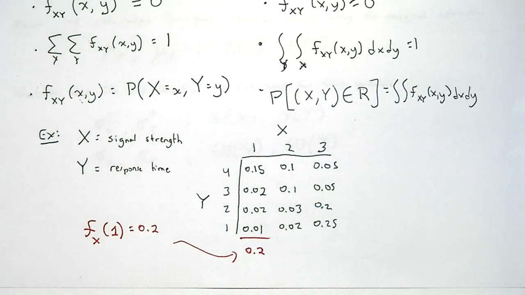Notice that, for example, if I want x equals 1, my probability actually depends on what my value of y is. Right? If y equals 4, then I actually have a higher chance of landing x equals 1. But if y would equal 2, I would have a much smaller chance of landing x equals 1.